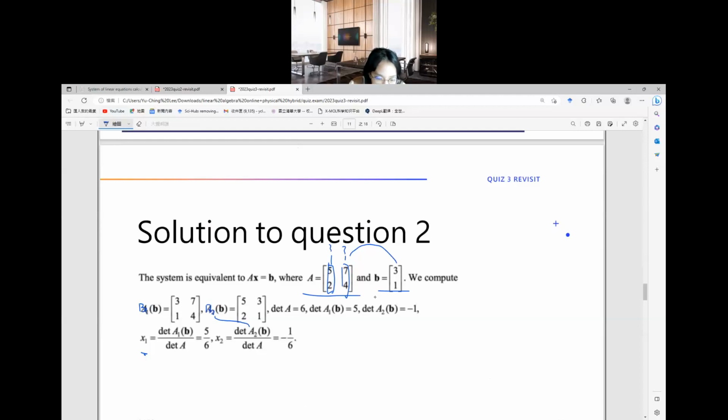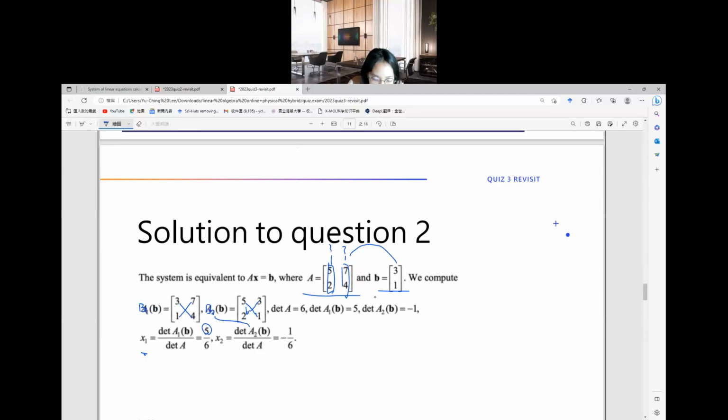So to compute the determinant of this matrix 3, 1, 7, 4, I have 3 times 4, subtract 7 times 1. So that's 5 right here. And for the B2 matrix, I have the determinant computed as 5 times 1, subtract 2 times 3.